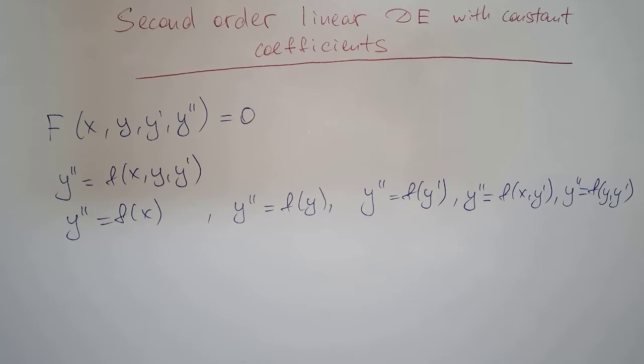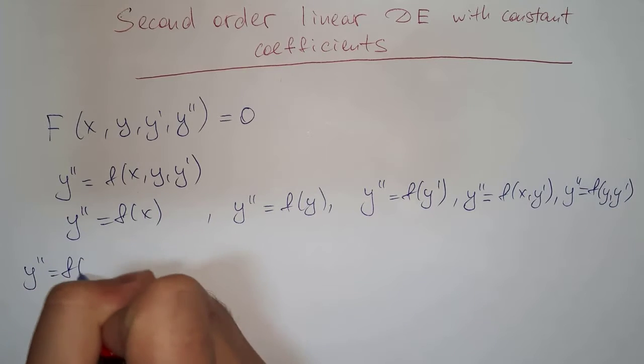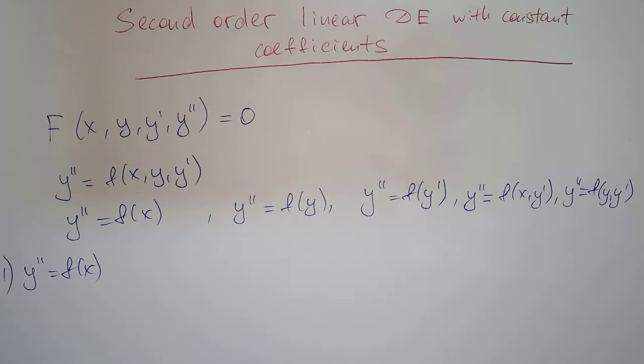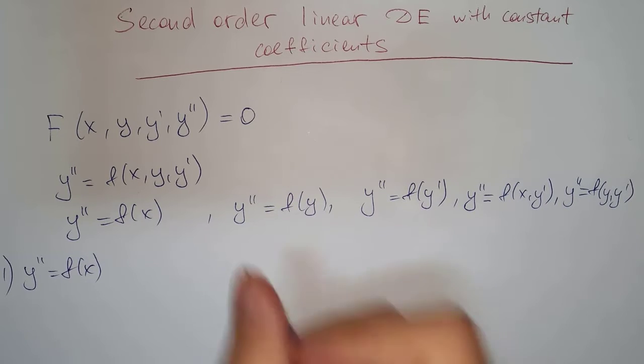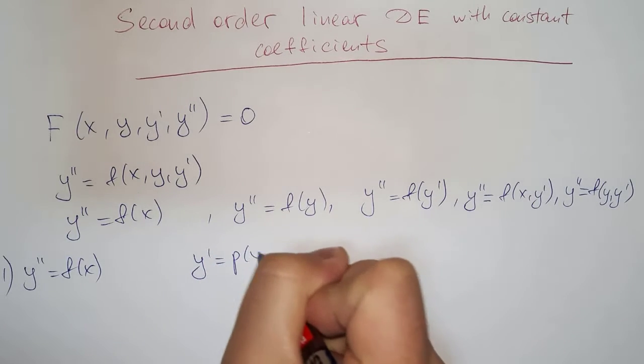Now, in case 1, when y double prime is f of x, we can reduce by introducing a new function p of x, such that y prime is p of x.